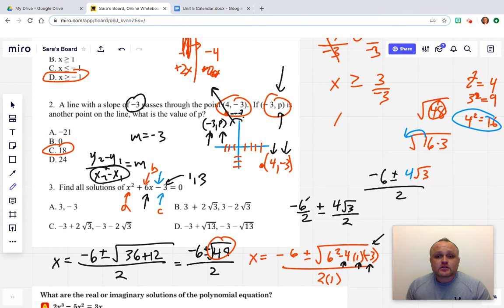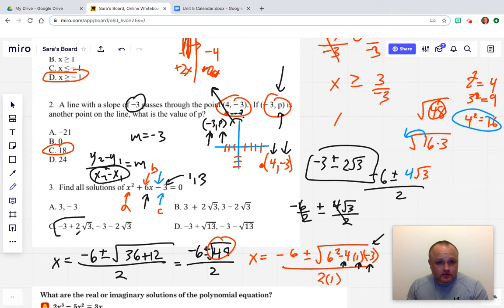Then this would reduce to a negative 3, plus or minus, this would reduce to 2, and it's just the coefficient up front, and you would get something that looks like this. There are 2 answers. There's negative 3 plus 2 root 3, which is what you see right here, and also negative 3 minus 2 root 3, which is what you see right there. So C would be the answer there.